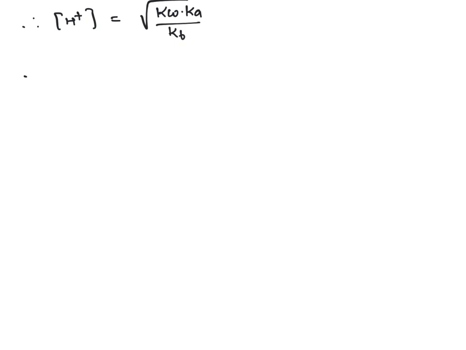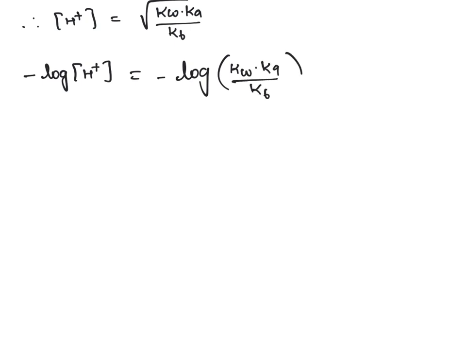So applying minus log to both sides of the equation, minus log H plus concentration equals minus log of Kw Ka by Kb power 1 by 2.